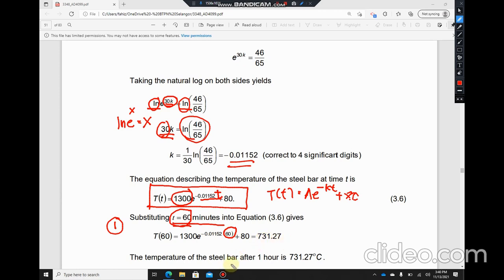The temperature of the steel bar after 1 hour is 731.27 degrees Celsius.